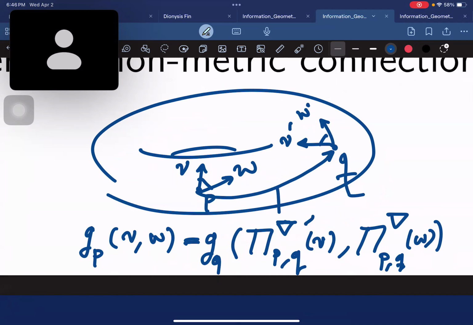What is this? This is nothing but V prime. This is nothing but W prime. So that's what we're looking for.